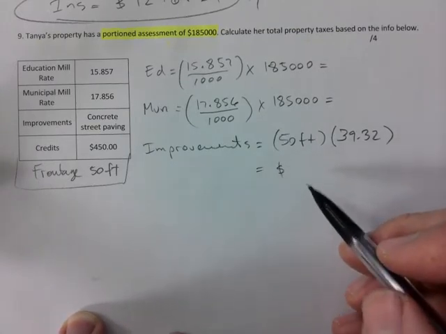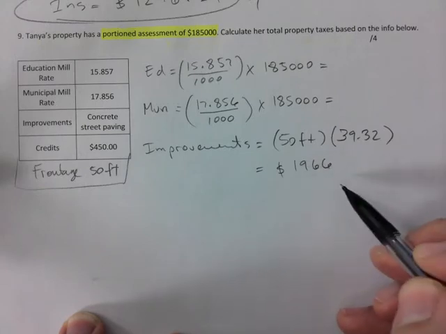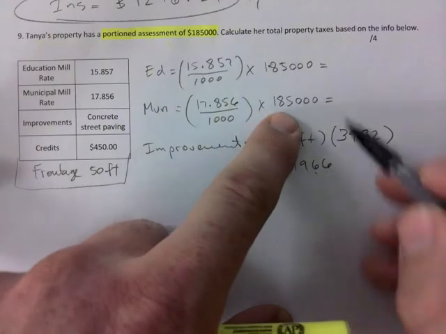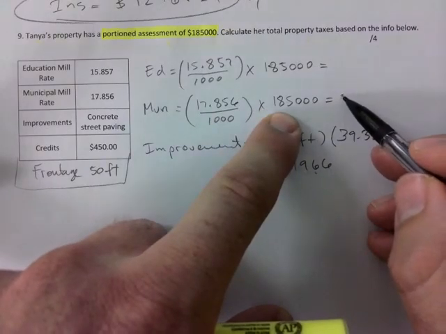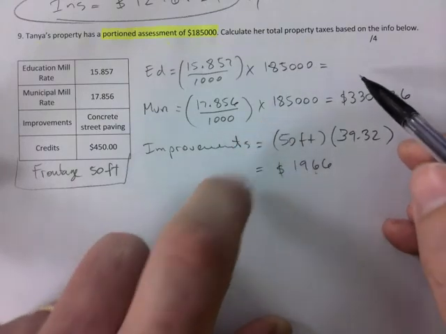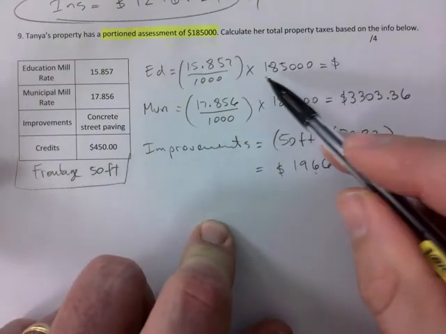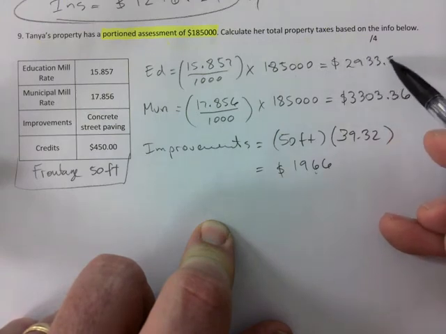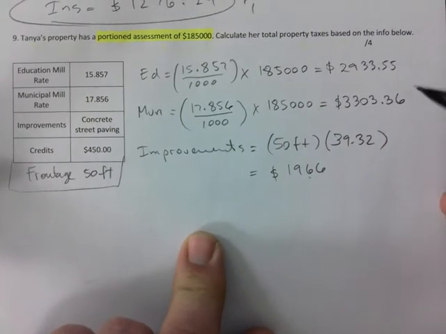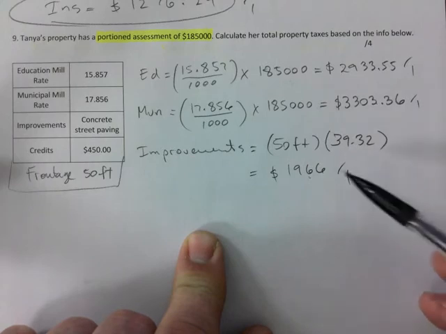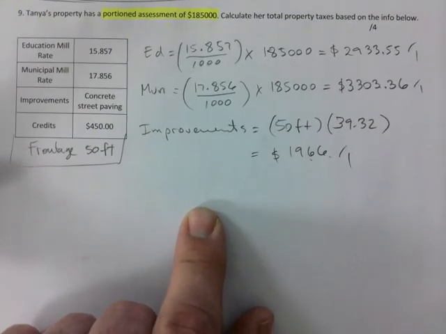So let's go backwards here. This is 1966 for the improvements. When you divide this and multiply, you get 3,303.36. And for this one, you get 2933.55. So I'll give you 1 mark for each one of these. 1 mark for education, municipal, and improvements.